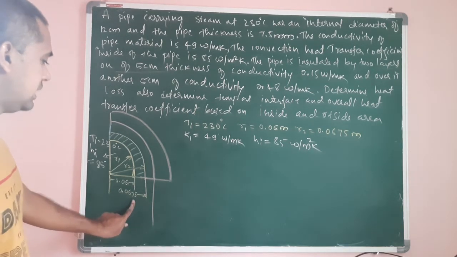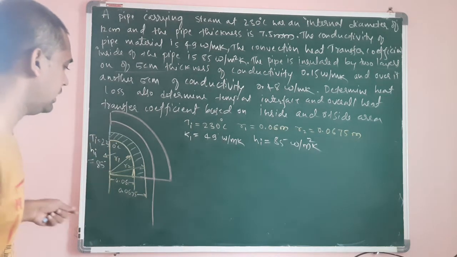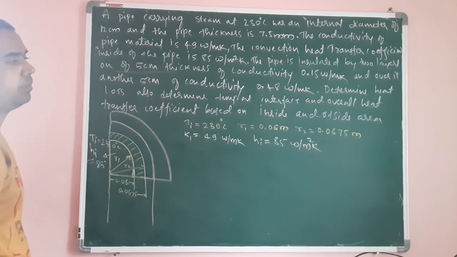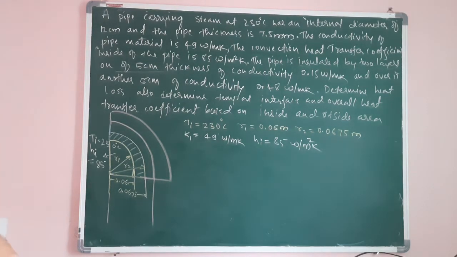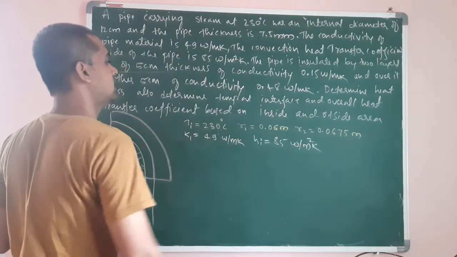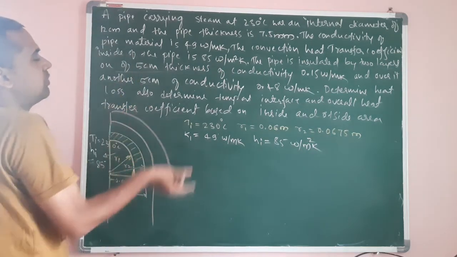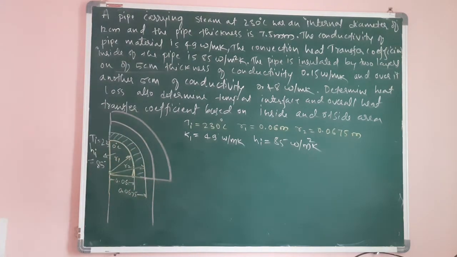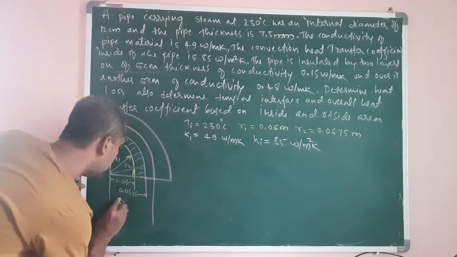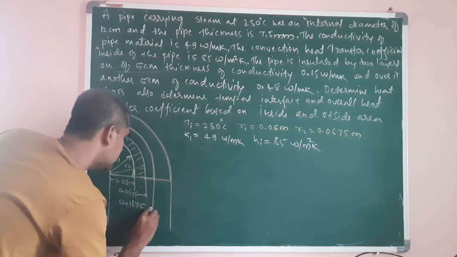For R3 we have to add 5 centimeter to 67.5 mm, so it will be 6 centimeter plus 5 centimeter, which is 11 centimeter plus 0.75, so 11.75 centimeter. In meter it will be 0.1175.